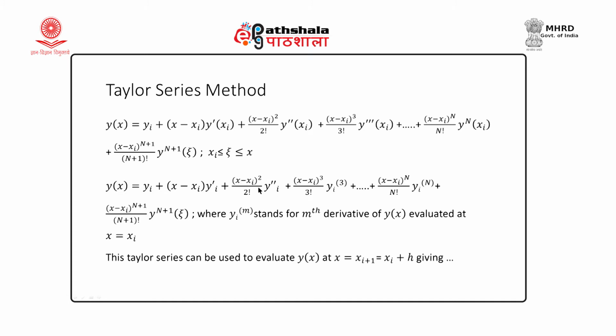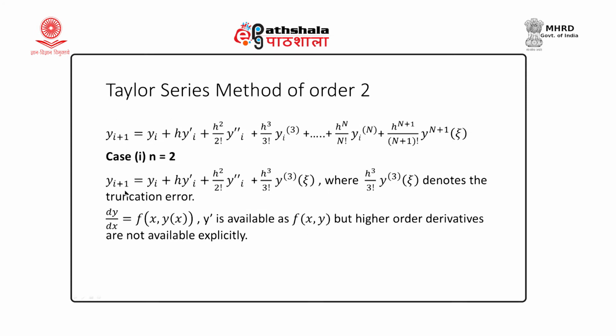They are higher powers, so if x minus xi is less than 1, these higher powers will go on decreasing, and so we can ignore the higher degree terms. So, if we put x equal to xi plus h, then y at the point xi plus 1 will be yi plus 1, and we get yi plus 1 is given by yi plus h yi dash plus h square by 2 factorial yi double dash, and so on up to the nth power and the remainder term.